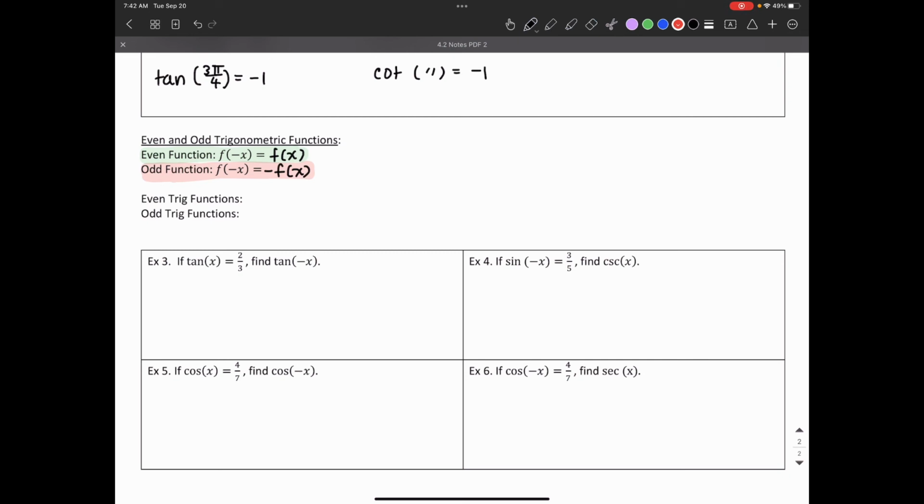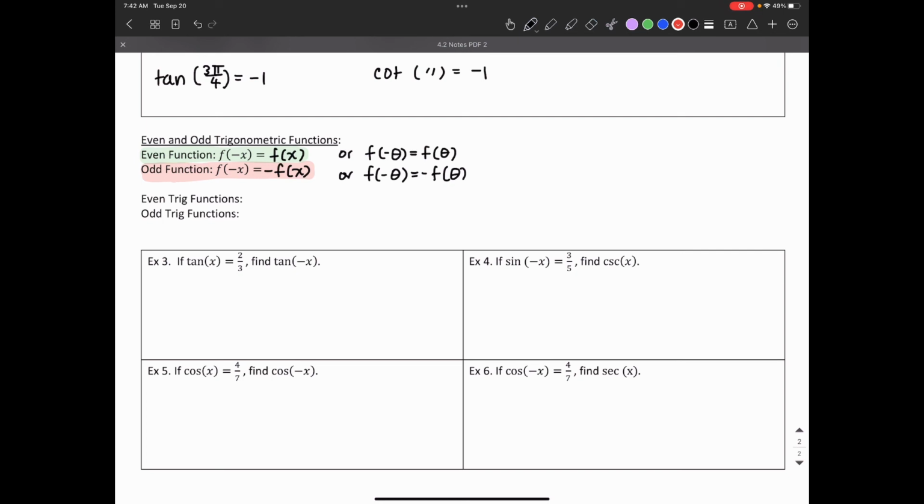In this case, we're talking about theta, so if I plug in a negative theta, it's going to give me the same thing as plugging in that same positive theta. And if I plug in negative theta for the odd function, it's just going to give me the opposite of if I plugged in the positive version of that theta.